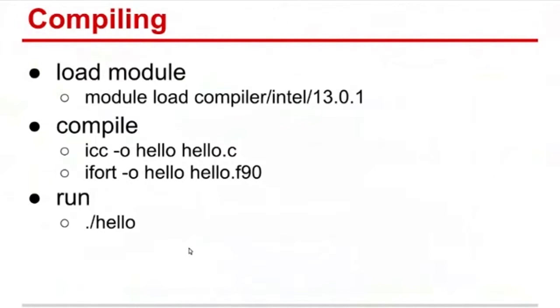The first thing is to load the module. So here I'm loading the module for the Intel compiler on Jasper. The compiler is called ICC for the C compiler, or iFort for the Fortran compiler, and you would compile the program as shown here.